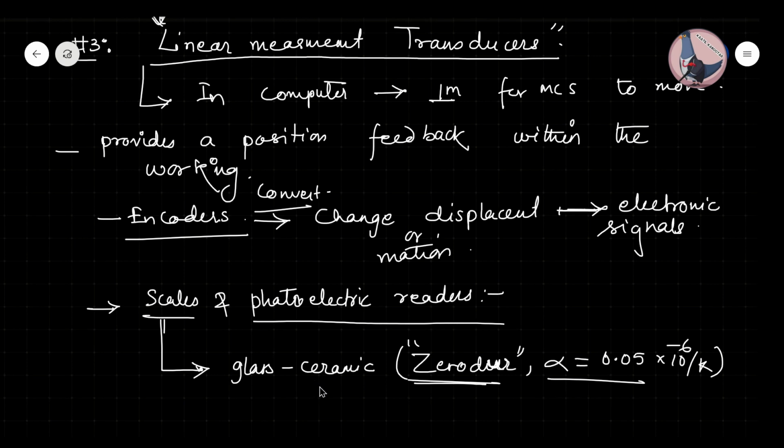Wherever you want a material whose length should change very little with high temperature, you can use Zerodur. It is very commonly used, but also very costly. Photoelectric readers you can also understand. So these linear measurement transducers take care of the movement.